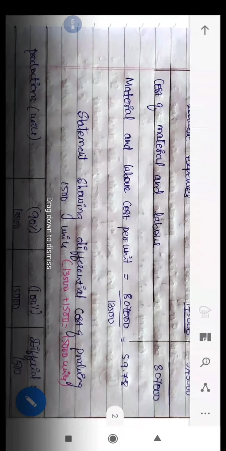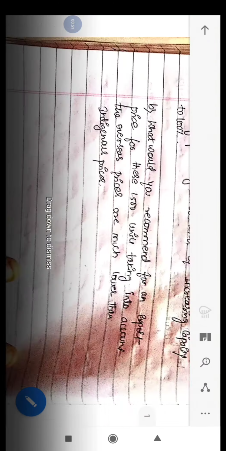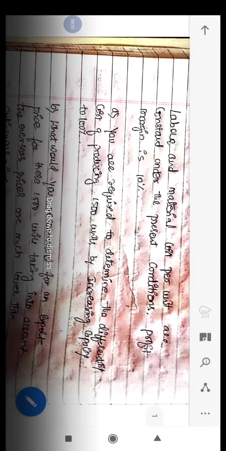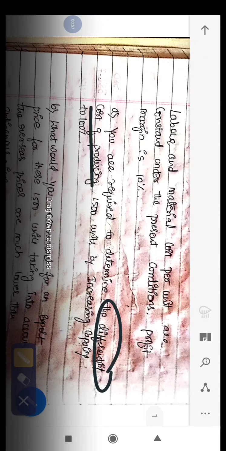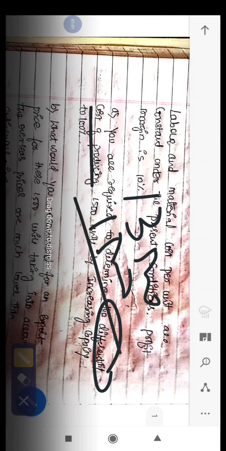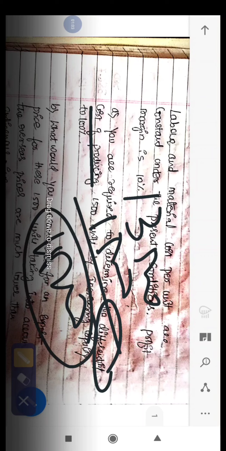Next, as they have asked, we have to prepare the differential cost pricing when they have increased 1500 units. Now we have to calculate the selling price at 100%.